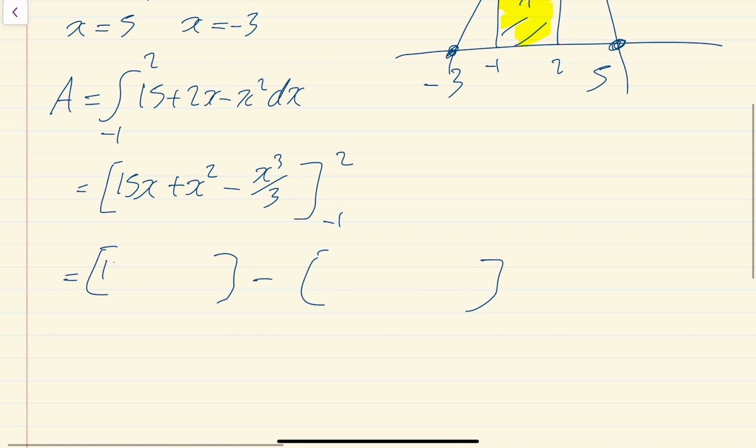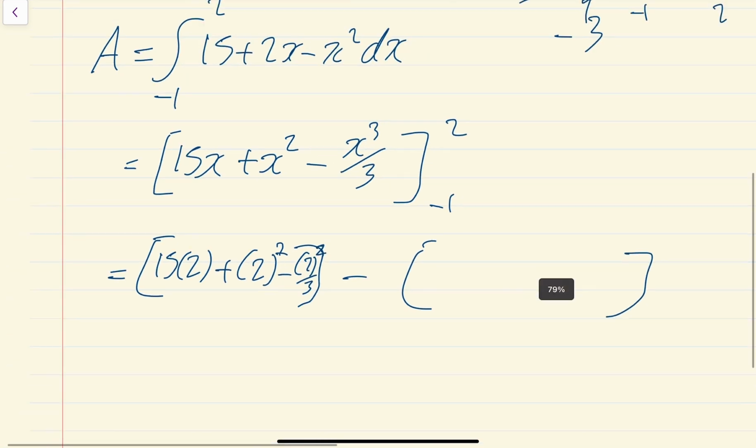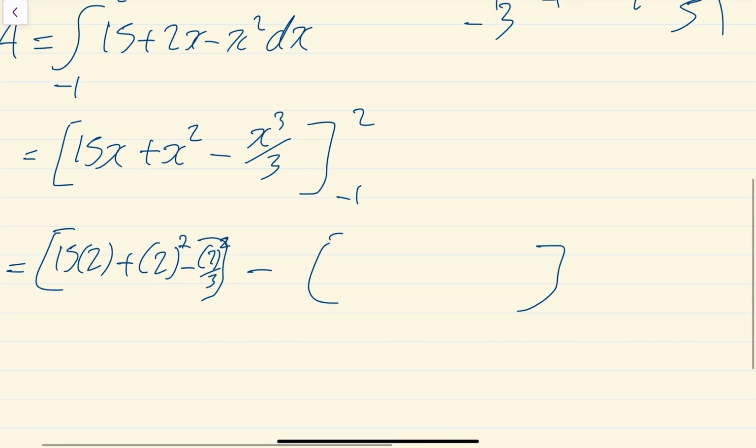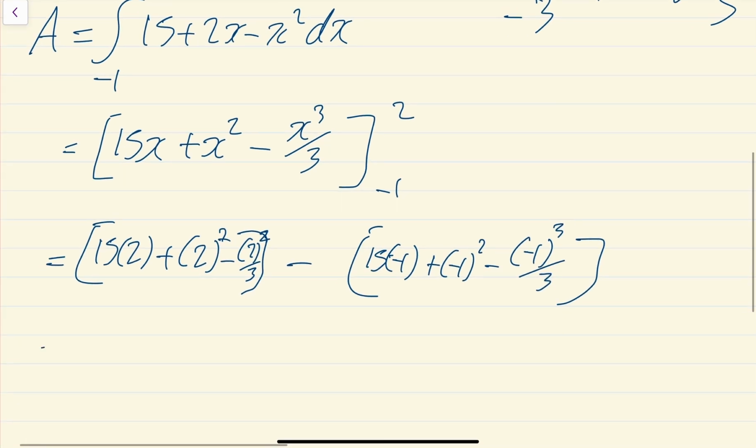So 15 times 2, and then plus 2 squared, and then minus 2 cubed over 3. It's very messy. And then over here, I've got 15 times minus 1 plus minus 1 squared minus minus 1 cubed over 3, and you can fire that in on your calculator.